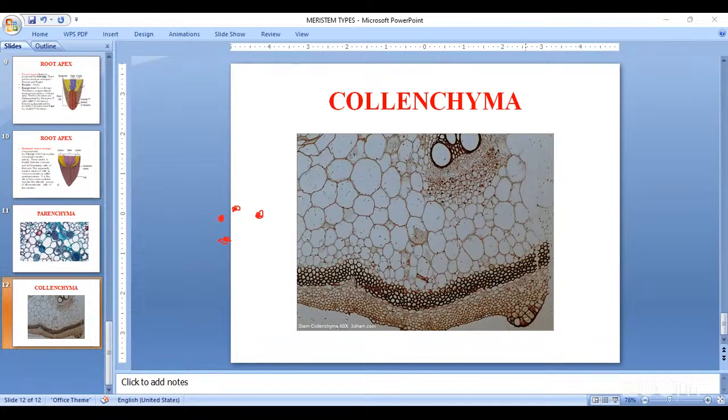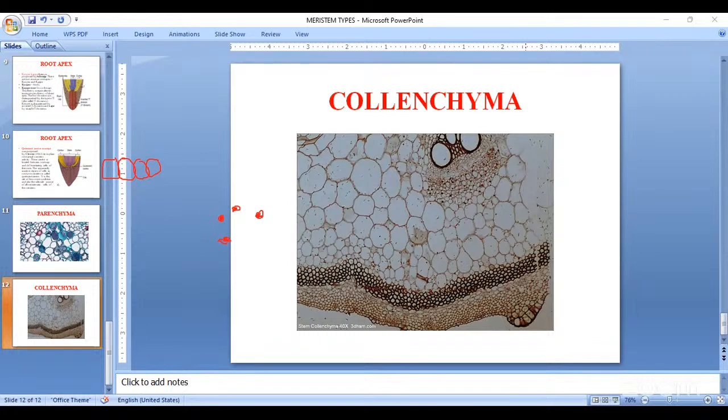Next, lamellar collenchyma. This type is found in the tangential walls rather than the radial walls. If you see it diagrammatically, for example, this is a cell, this is a cell.